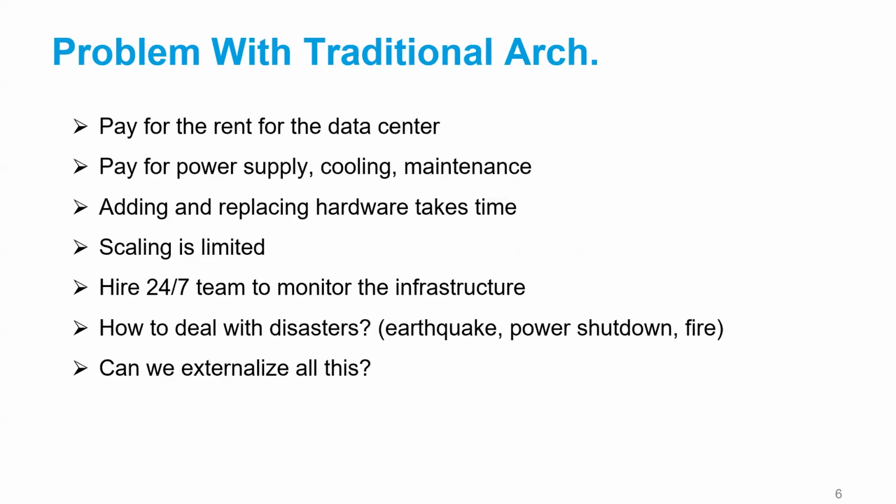You have to pay for power supply, cooling and maintenance because you own those machines and devices, so you have to take care of them. If your device is not working, you have to manually go and replace it, and adding and replacing hardware takes time.